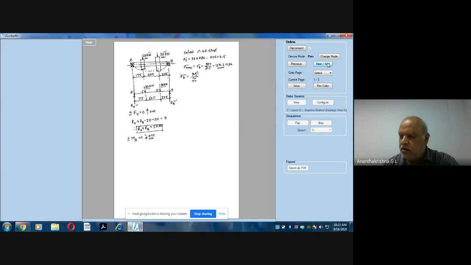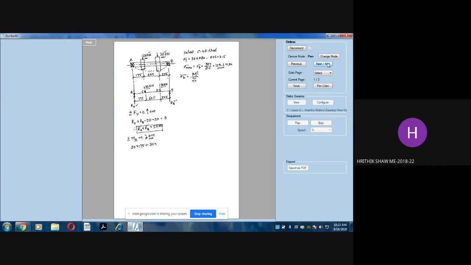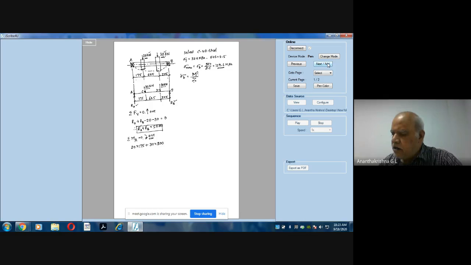So when I do that, what values am I going to get? I first consider the 20 kilonewton load, which is acting clockwise with reference to point A, going around A in the clockwise direction. So it is positive 20 into 175. Similarly, plus 30 into how much? 175 plus 625, that is 800.